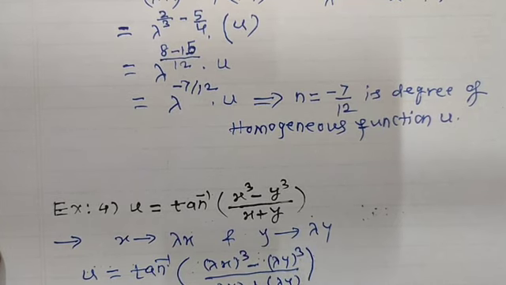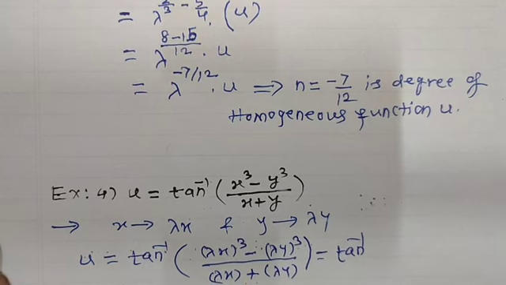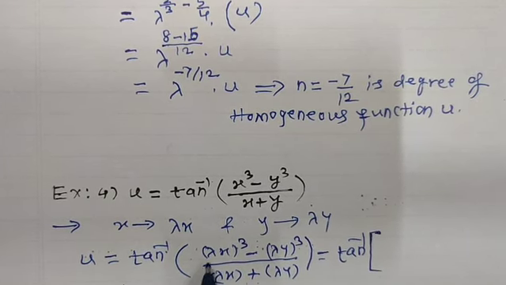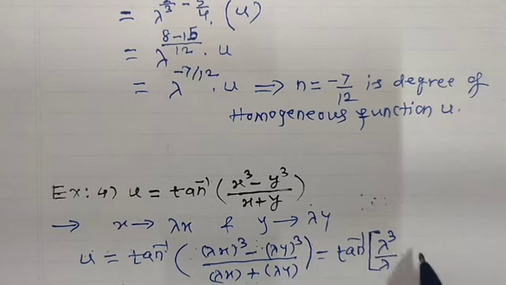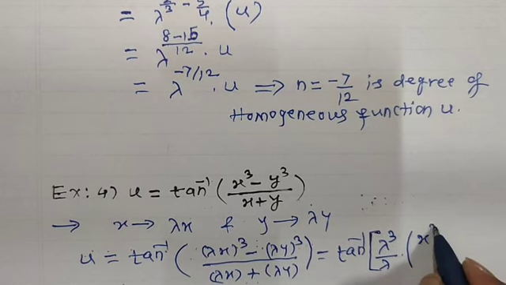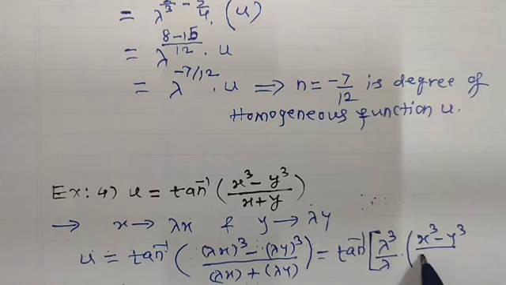Okay, and this is equal to, we can write tan inverse, this function as it is, tan inverse into bracket, you can take lambda cube common from the numerator and lambda common from the denominator. Lambda cube divided by lambda, and then x cube minus y cube divided by x plus y.